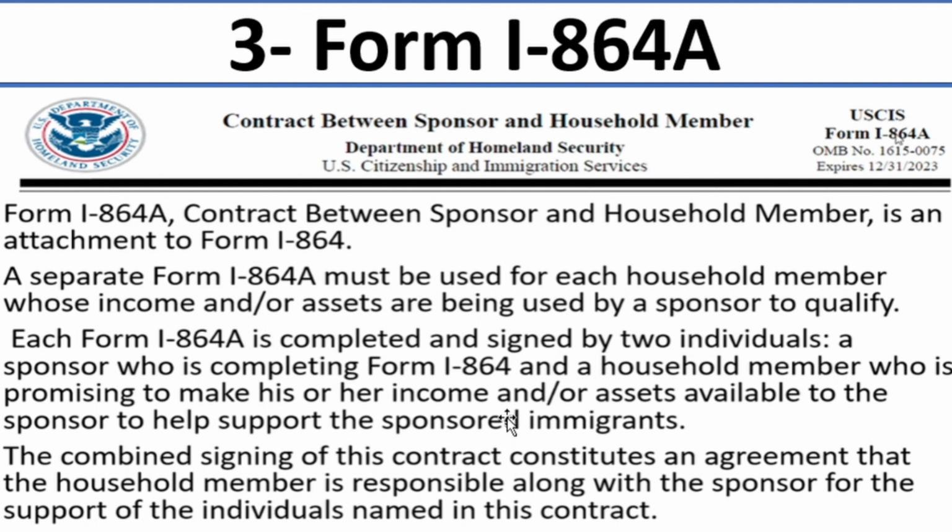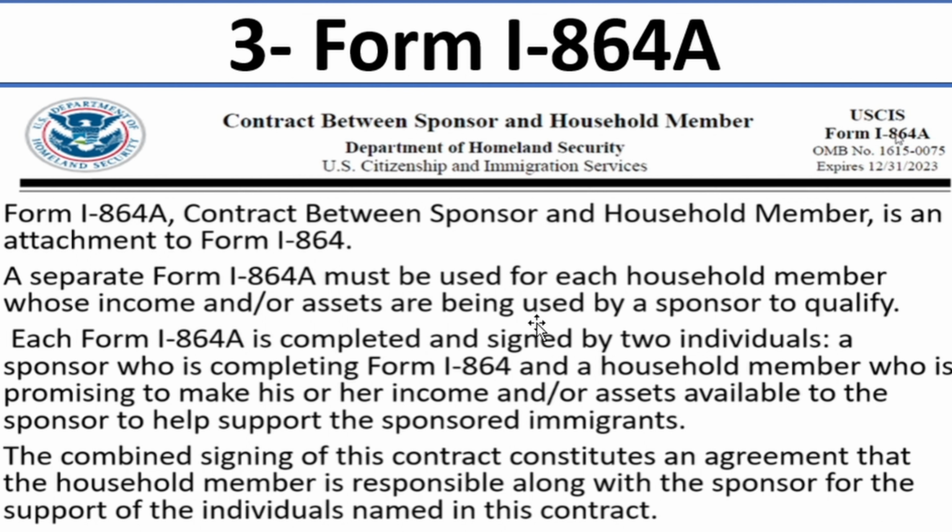Each form I-864A is completed and signed by two individuals: a sponsor who is completing form I-864, and a household member who is promising to make his or her income and assets available to the sponsor to help support the sponsored immigrant. This is where a lot of people make a mistake.